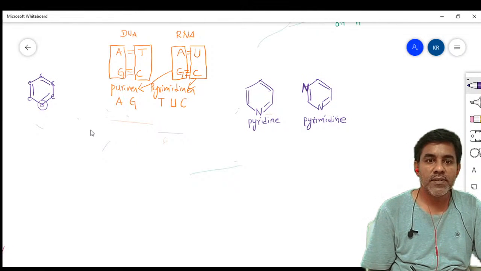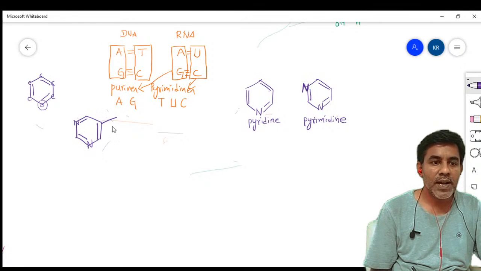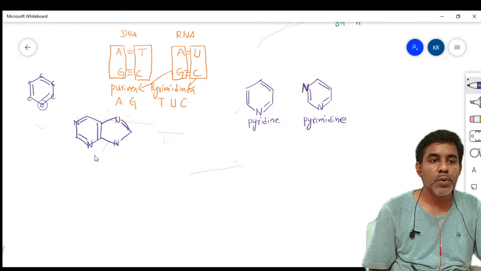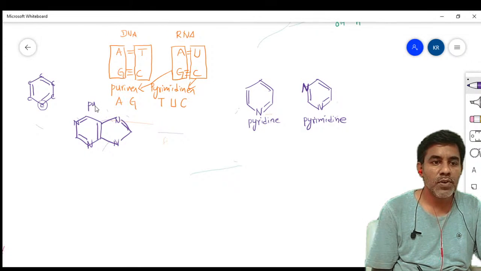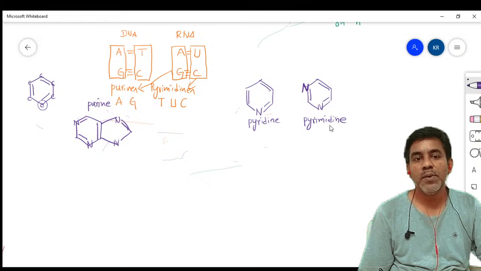For that pyrimidine structure, if you attach a 5-membered ring having 2 nitrogen atoms like this, it will become purine. So this is the basic structure of purine, and this is the basic structure of pyrimidine.